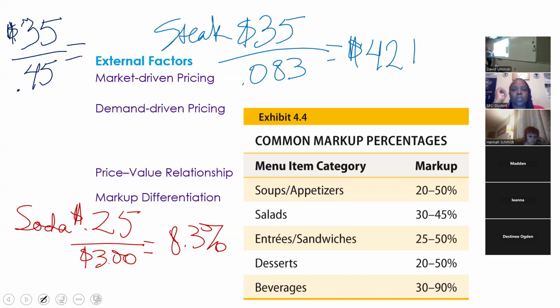So $35 at the 45% food cost is what? Something like 80 something? 77. Okay, $77. Is $77 more reasonable for a steak?